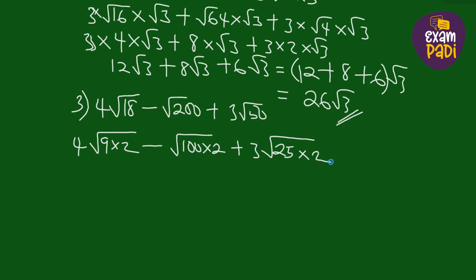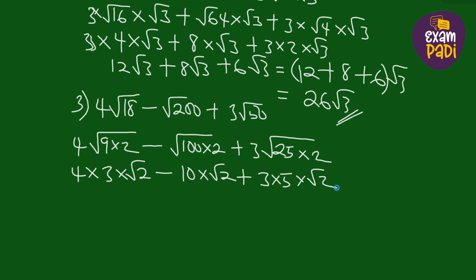Then we have 4 times root 9 would give us 3, and then we are left with root 2. Minus root 100 would give us 10. We are also left with root 2. Plus 3 times root 25 would give us 5 times root 2.